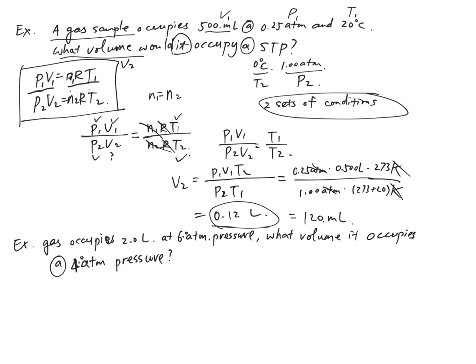So this actually looks a lot simpler, right? You don't really have that many numbers to deal with. But once you start to label them, this is a volume, right? This is a pressure. And then you ask what volume, that's the moment that you know, okay, I have a 2 sets of condition problem, so V1, P1, and this is V2, which is what I want, and this is P2.